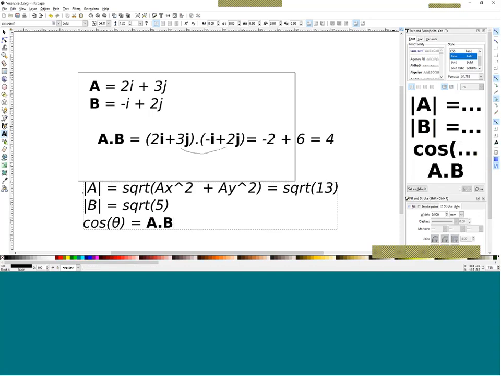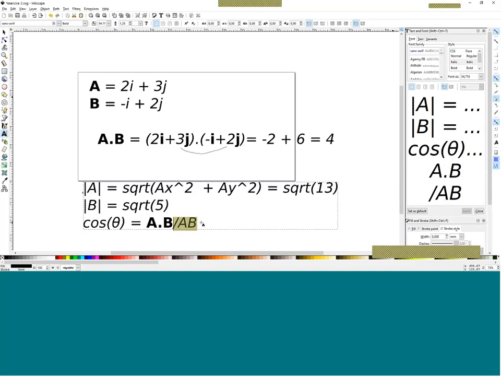Divided by the magnitude of B, which is basically a reformulation of the rule I gave you guys in the beginning, which is A dot B is equal to AB times cosine theta.